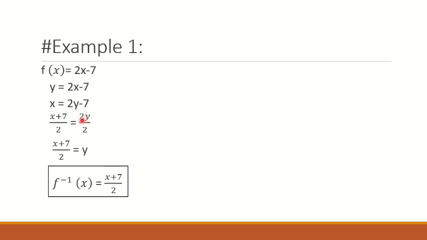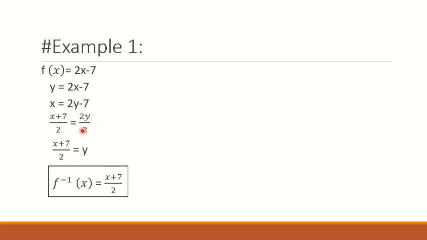The next step is you need to transpose negative 7 to the other side of the equation. So the result is x plus 7 equals 2y. Then you need to divide both sides by 2.